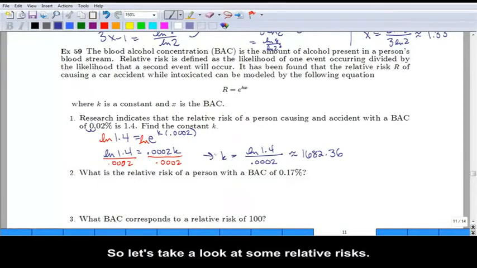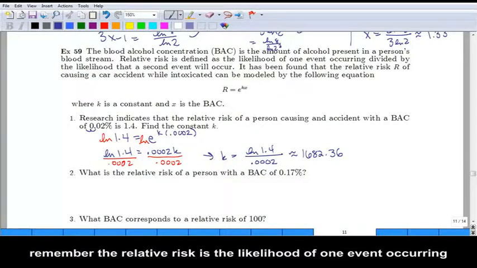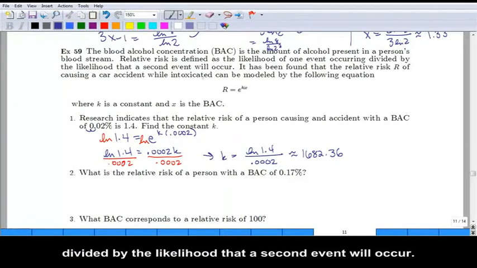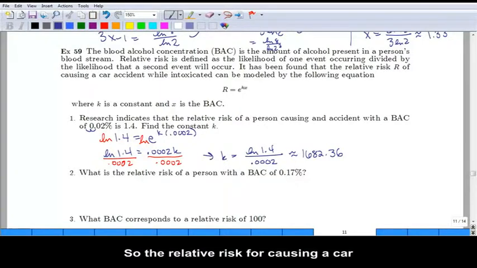So let's take a look at some relative risks. Again, remember the relative risk is the likelihood of one event occurring divided by the likelihood that a second event will occur. So the relative risk for causing a car accident is 1.4 if you have a 0.02% blood alcohol content.